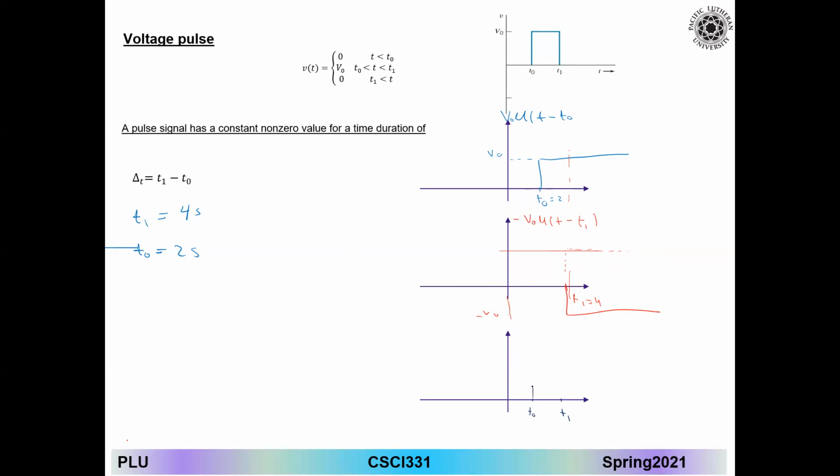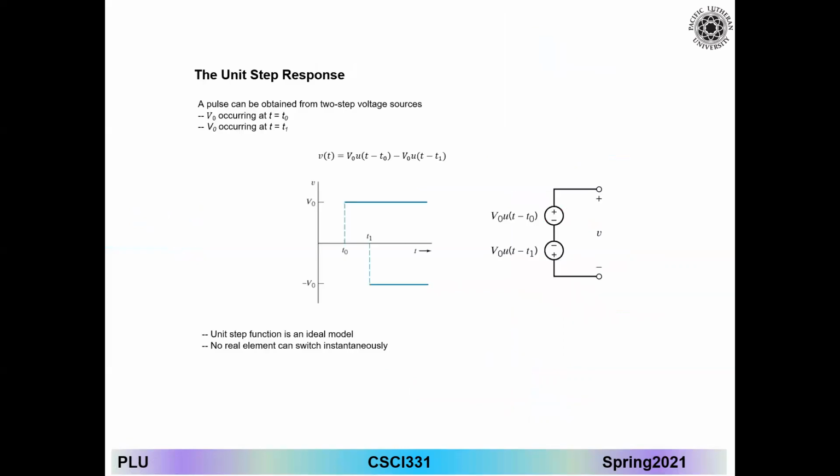So I end up with my pulse like this, with magnitude V0, by adding those two components together as one signal. That's how to use the u of t.